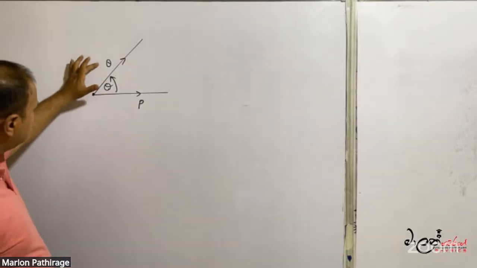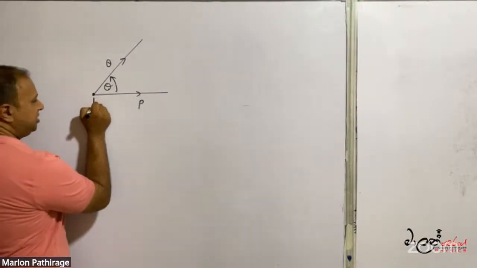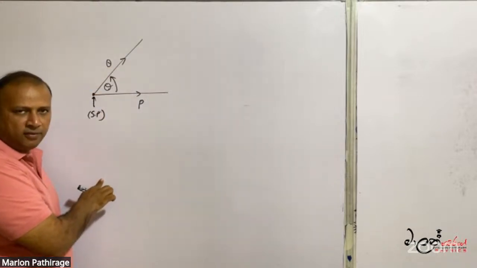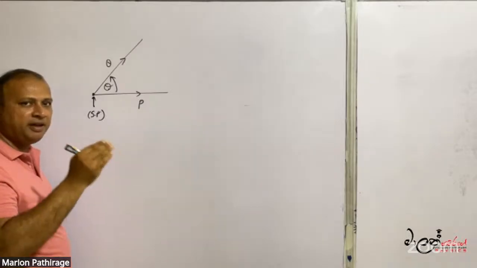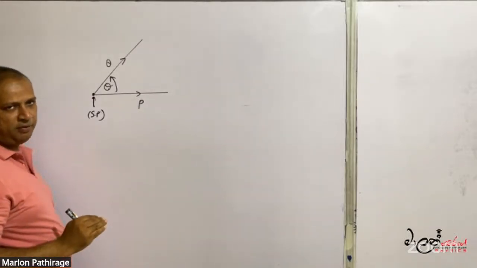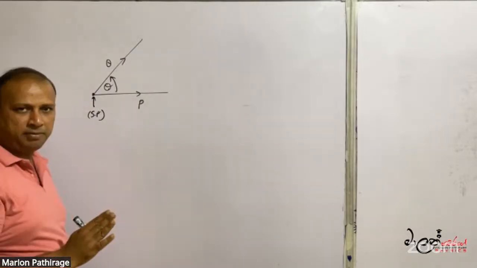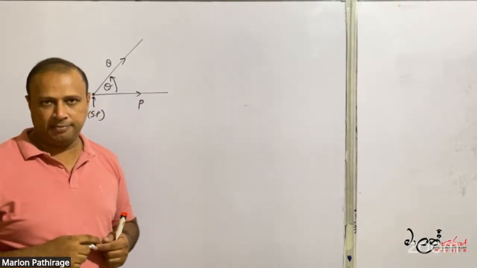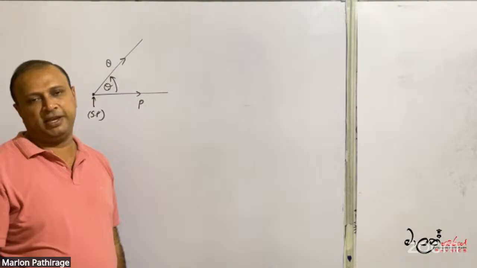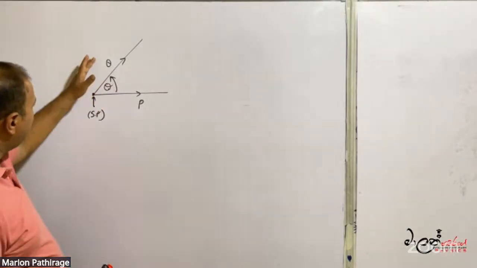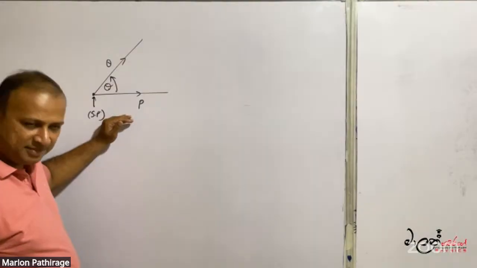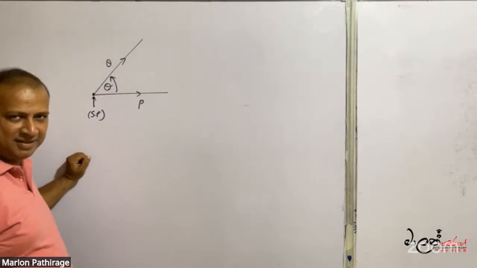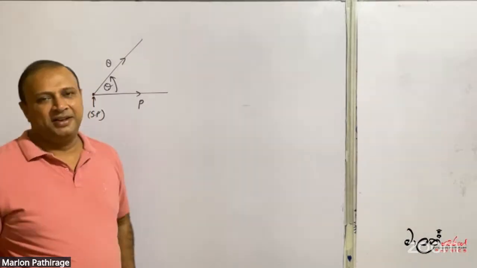So now there are two vectors, Q and P, and this is the starting point of both P and Q. Therefore, before determining the angle between P and Q, remember, the starting points should be same. Once the starting points are same, then you can determine the angle between P and Q. You have to remember that thing.